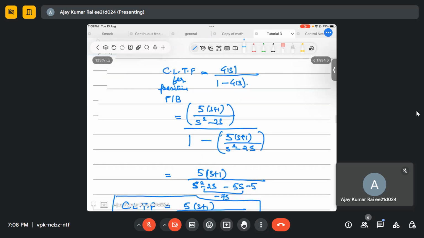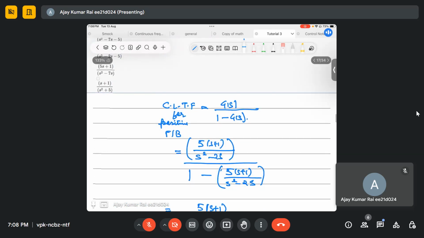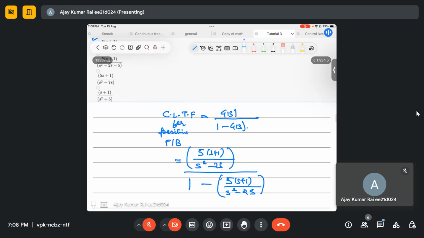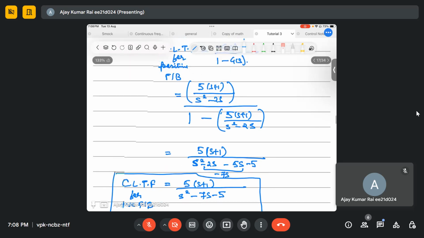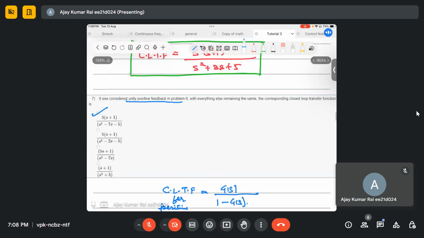Any doubt? The only difference from the previous question is that in the denominator, instead of 1 plus G(s), we are putting 1 minus G(s) and calculating the value. So only the denominator is changing. Very simple because it is a positive feedback system.